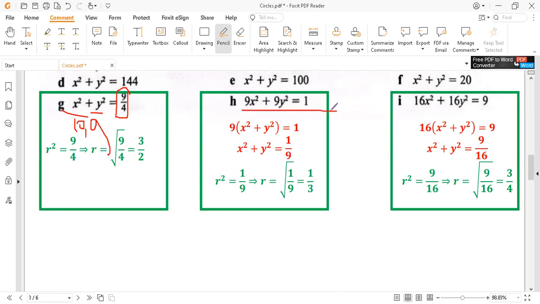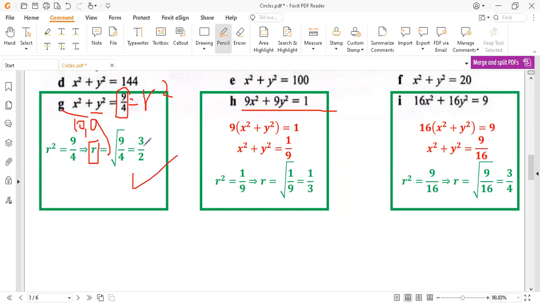Similarly, here 9/4 is r². Why? Because r² should always be positive, and the constant here, 9/4, is positive. So r² equals 9/4. How do we obtain r? We apply the square root of 9/4: the root of the numerator, 9, is 3, and the root of 4 is 2.